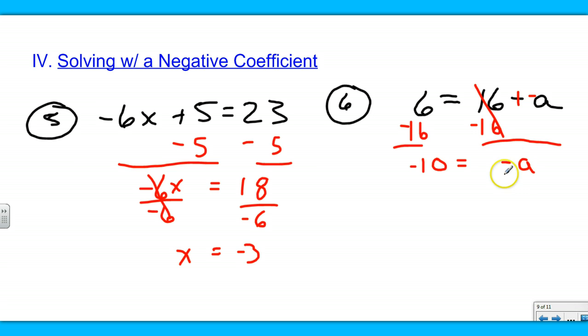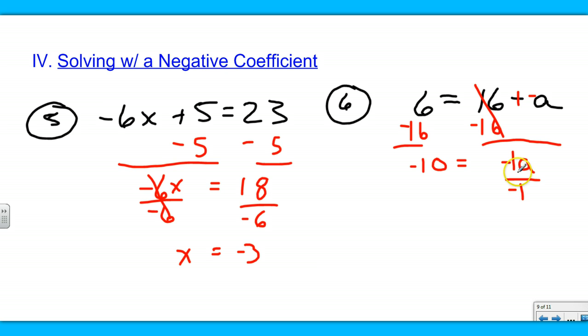All right, and now how do we get this negative away? Well, do you remember the coefficient? What number is there when you don't see a number in front of the variable? That's right, it's 1. Okay, so this is really negative 1 times a. So we can undo this multiplication with division. We can divide by negative 1.